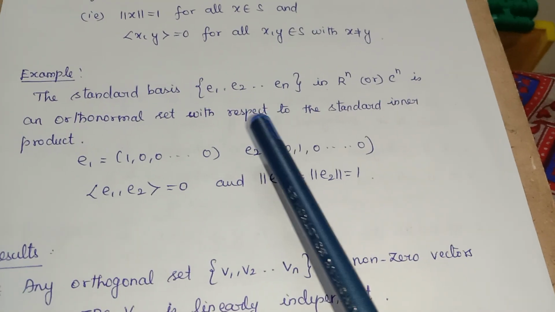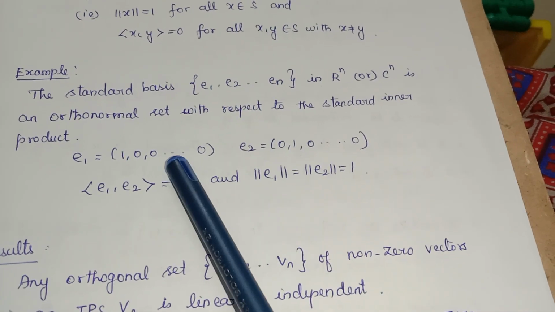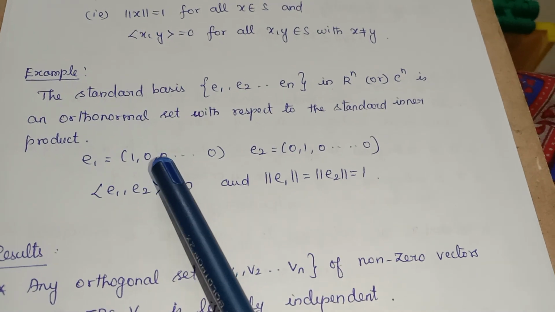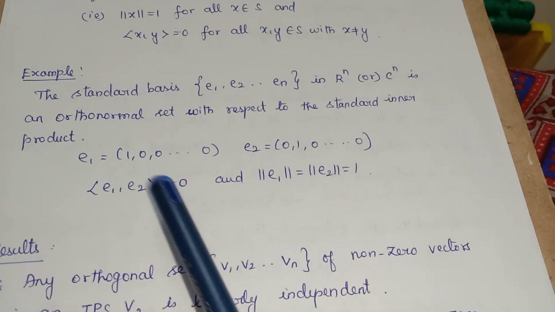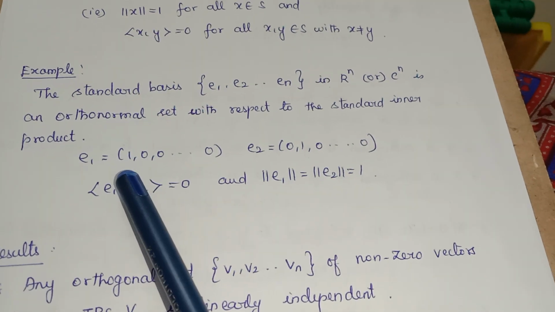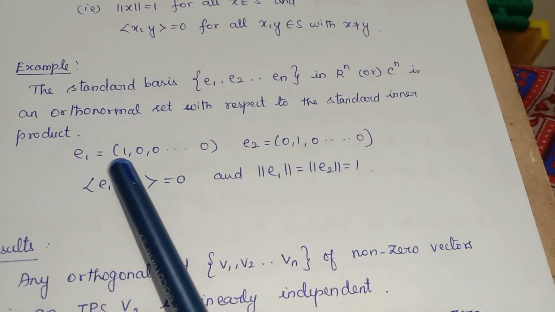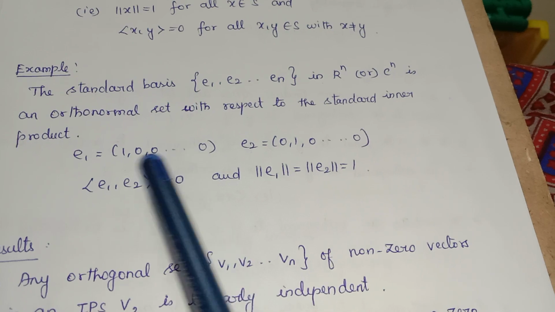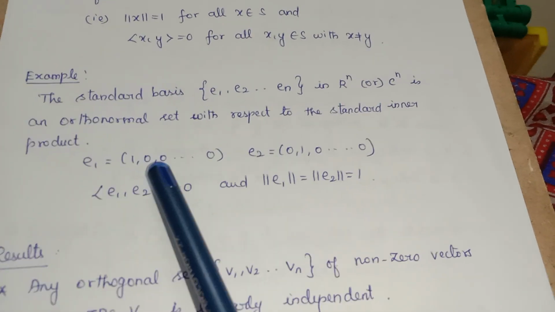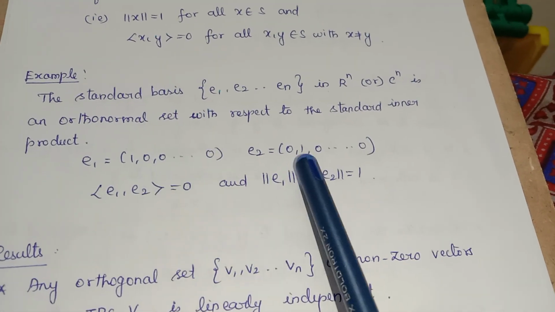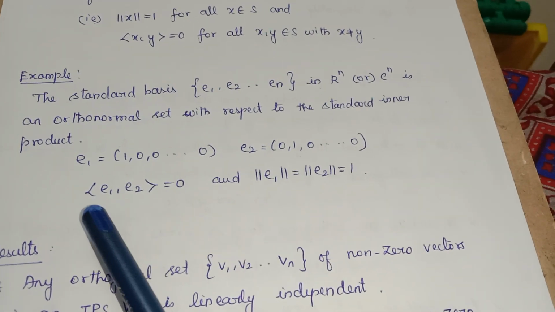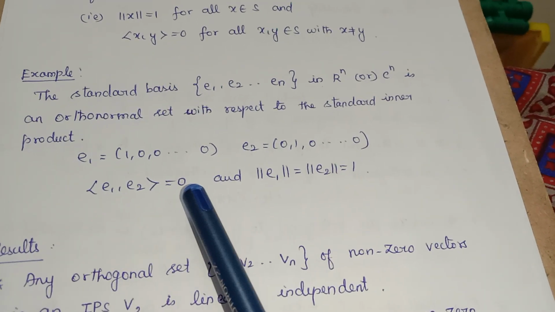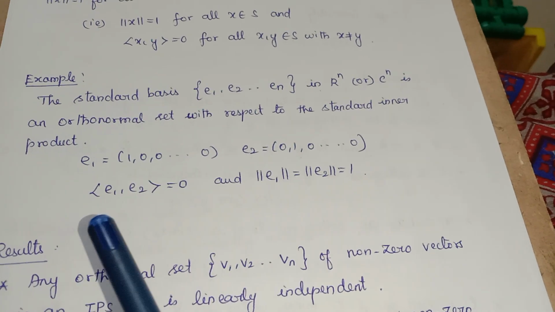Now, you take this basis and consider these vectors. If you take the inner product of any two different vectors, it will be equal to 0. Because the standard inner product means coordinate-wise multiplication: first coordinate with first coordinate, 1 with 0, plus second with second, 0 times 1, plus and so on. So the inner product of any two vectors becomes 0, therefore it is orthogonal.